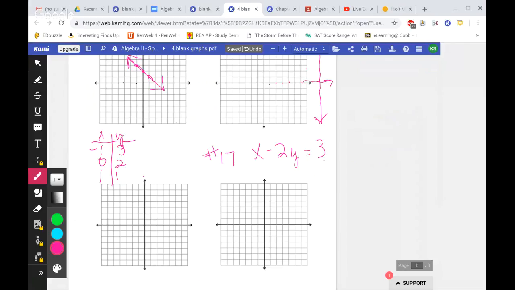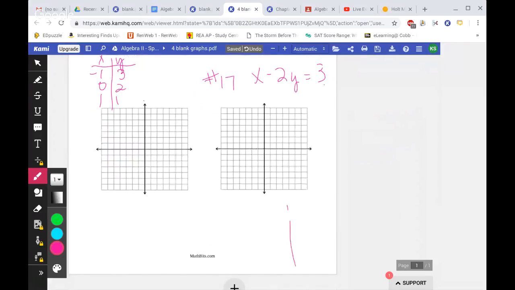Okay, so I'm going to do my xy table down here this time. Once again, I'm going to use my favorite numbers of -1, 0, and 1. I'm going to plug in a -1 for my x minus 2y equals 3.